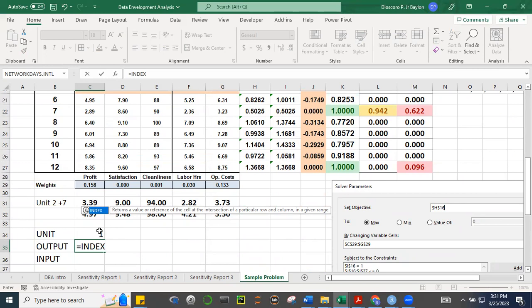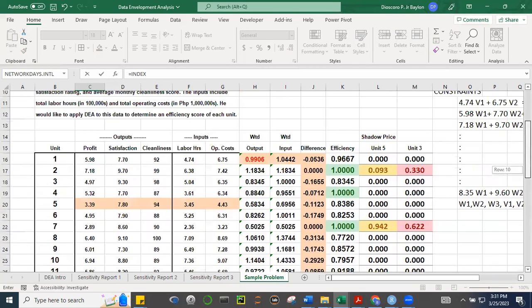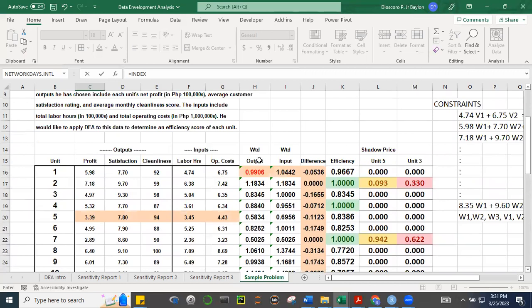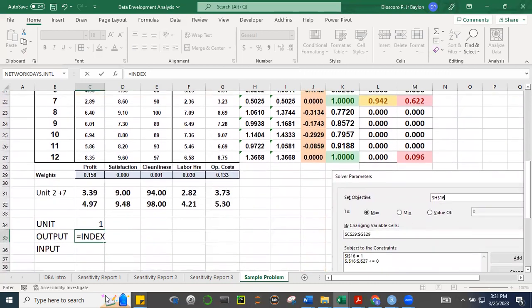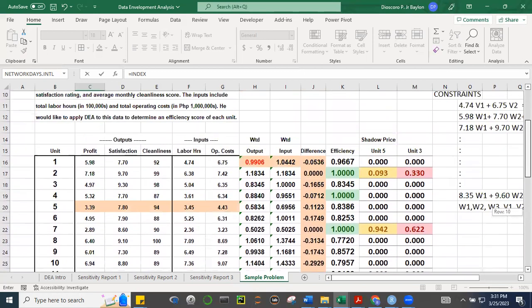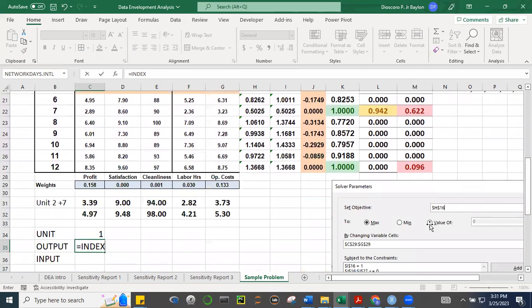So if this is written as 1, then INDEX will give us row number 1, which is this one. If I write here 2, then it will give us the value of the second row here. Let's try that. So INDEX, what's our array? What array are we going to look at?